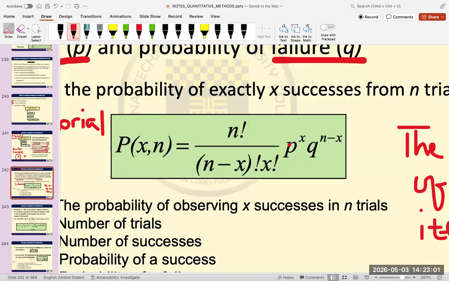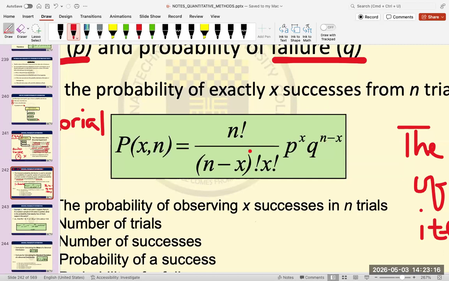And then p is the probability of success raised to the power x, times q, which is the probability of failure, raised to the power n minus x.